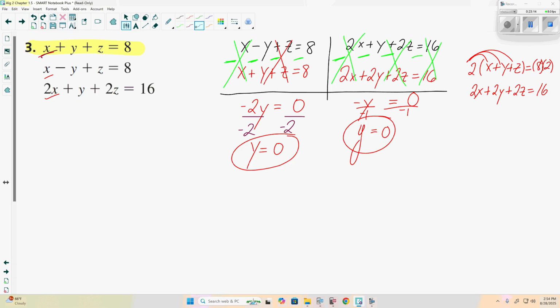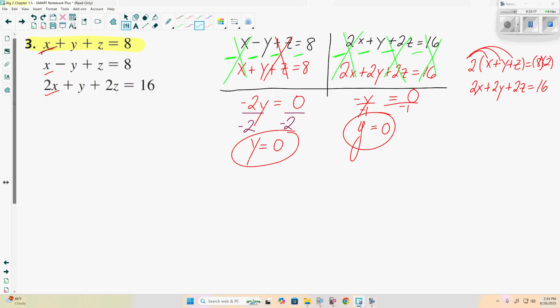Okay. I'm going to look back at these three equations here. I'm going to plug y back in as 0. Well, if we plug 0 in each of these y's, it's just going to become 0. So the top equation with 0 plugged in as y is going to become x plus z equals 8, yes? The second equation, if we plug it in, we get x plus z equals 8.